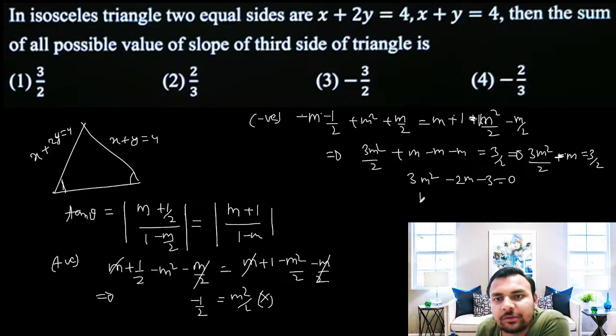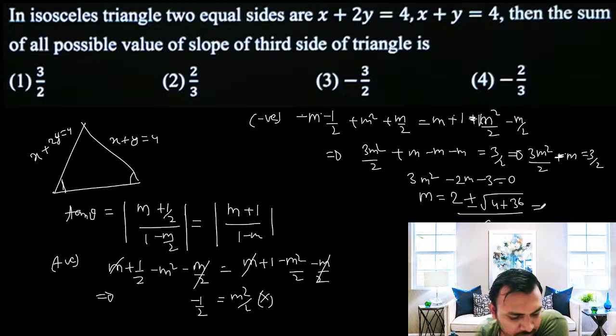If we try to find m, it is 2 plus minus the root of b square minus 4ac over 6.